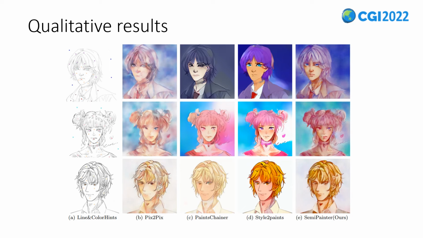While PaintsChainer in column C and Style2Paints in column D can produce usable results, they can only draw flat color. The last column is our result. It can be seen that only our results can generate semi-realistic paintings.